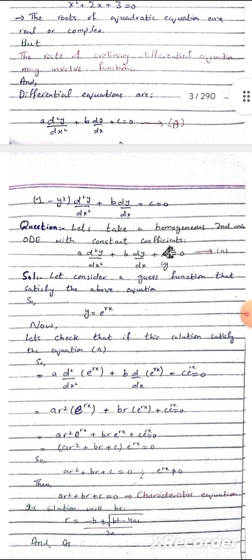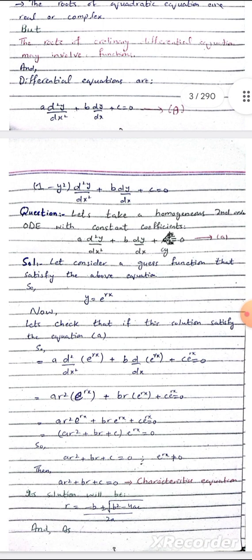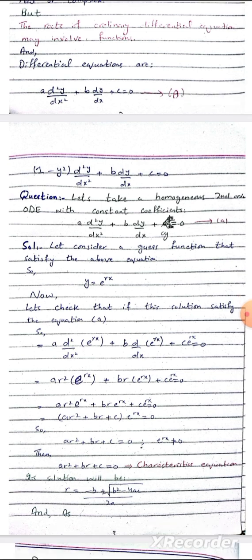And now look at an example. Let's take a homogeneous second order ordinary differential equation with constant coefficients, where a, b, c are the constant coefficients: a d square y by dx square plus b dy by dx plus c into y is equal to 0.